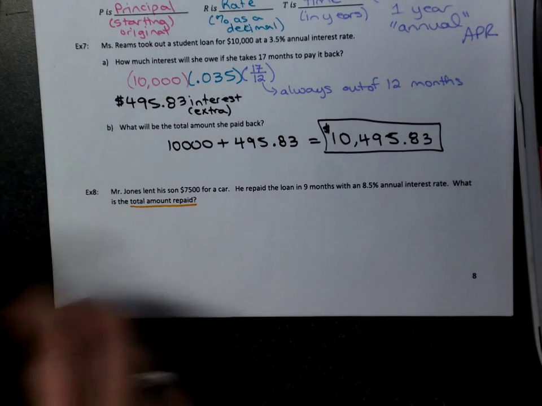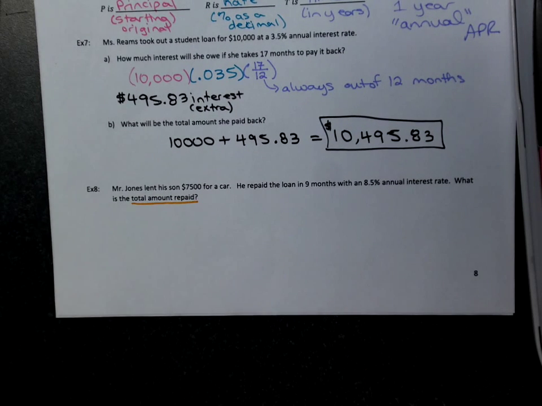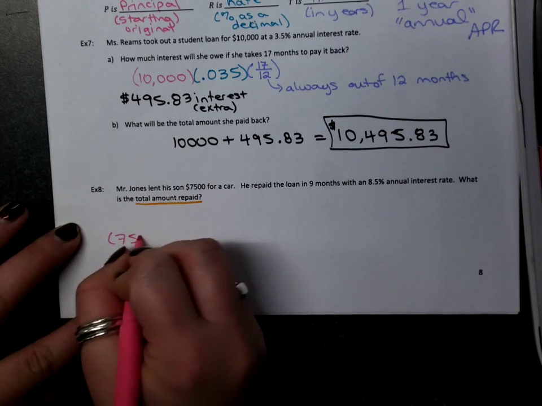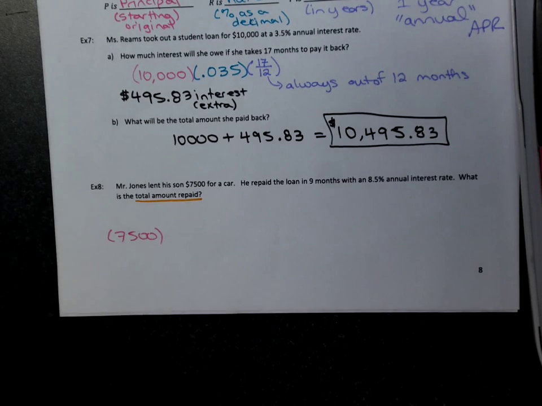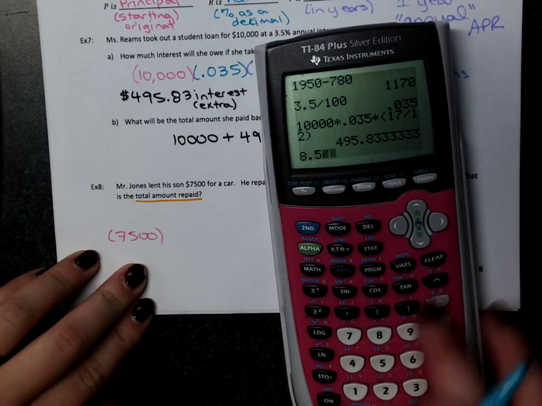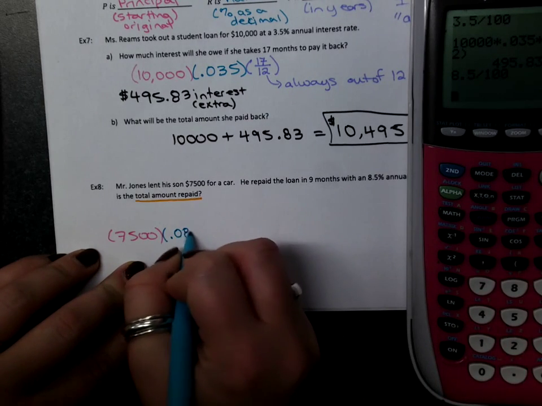You still have to do this in two steps. One step to get the interest amount and one step to add them together. So let's break this down again. Principal, he borrowed $7,500. His rate is 8.5%. We have to turn that into a decimal, which is 0.085.